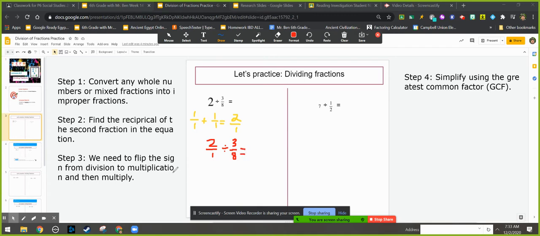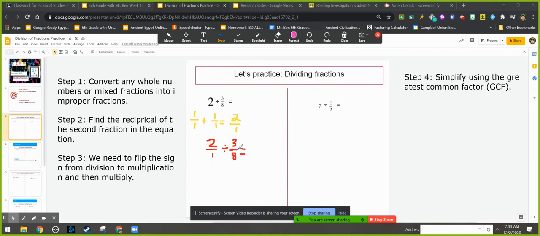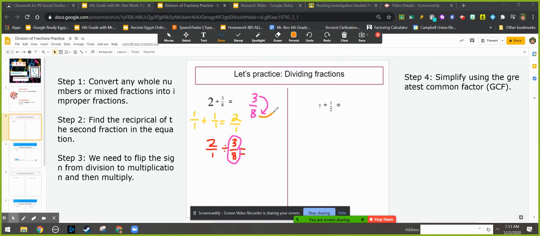So now the next step. The next step says find the reciprocal of the second fraction in the equation. Well, the second fraction is most clearly this one. And so if I take the reciprocal of 3/8, I am going to switch it so the numerator becomes the denominator and the denominator becomes the numerator.